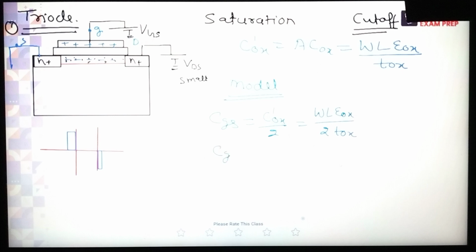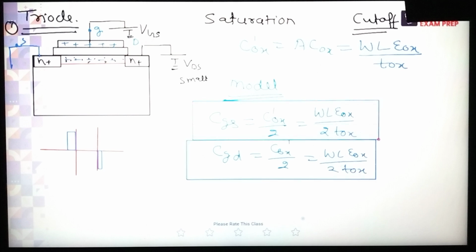Now I am going to tell you the saturation region, where a question can be asked. Second one, in saturation, the channel is of tapered shape. In the saturation region there is a bit of channel, it is not uniform.